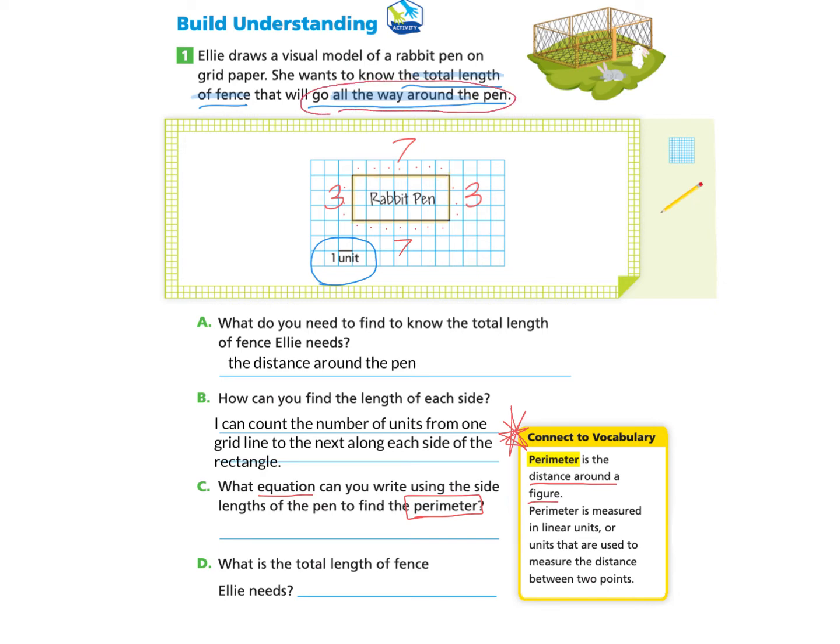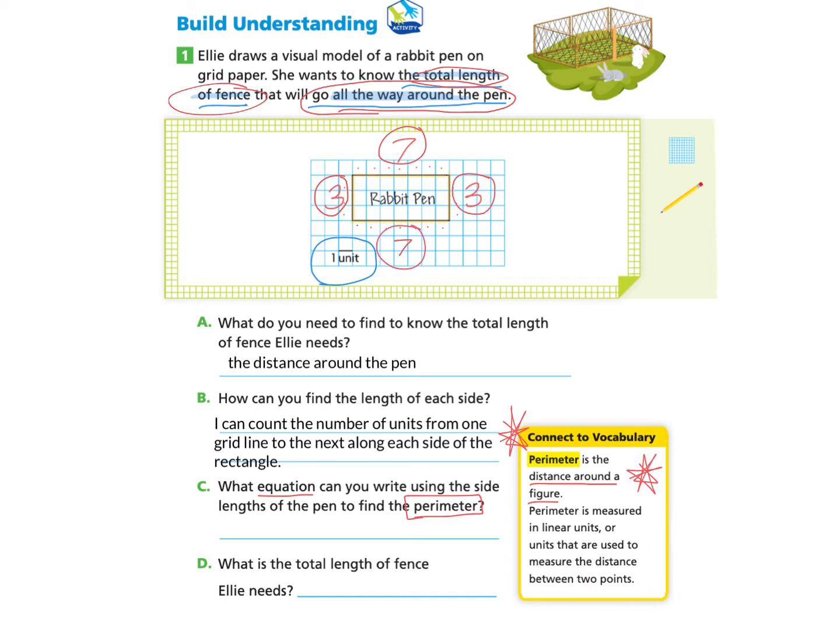We want to find that total length of the fence all the way around, so we are really finding the perimeter of this rectangle. It says perimeter is measured in linear units, or units that are used to measure the distance between 2 points. So what equation could we use to combine all of the lengths?